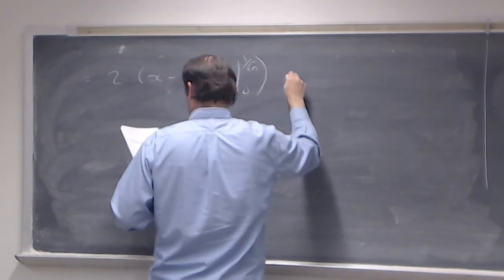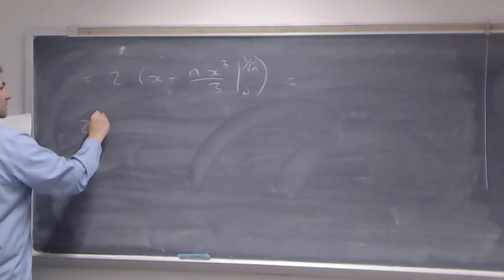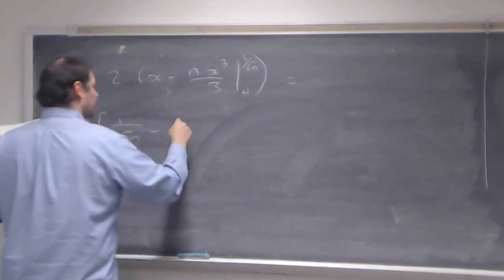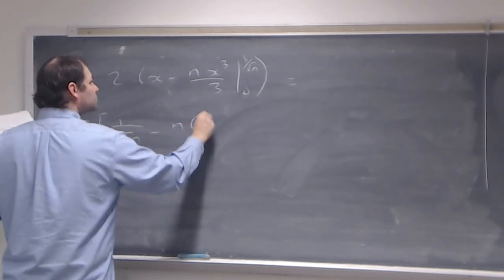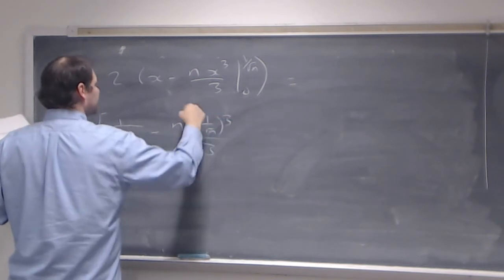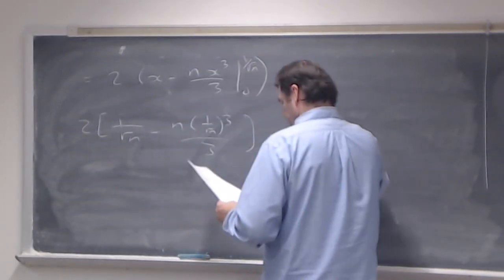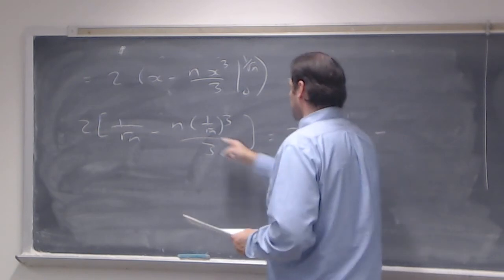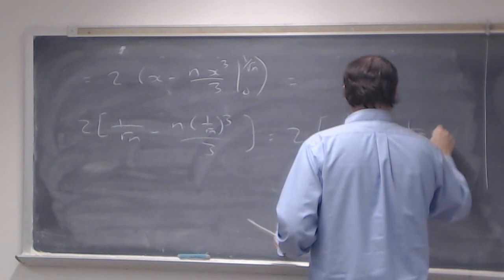That's equal to 2 times 1 over the square root of n, minus n times 1 over the square root of n, raised to the third power over 3. When we stick in 0 for x, we just get 0. So that's 2 times 1 over the square root of n, minus 1 over 3 times the square root of n.